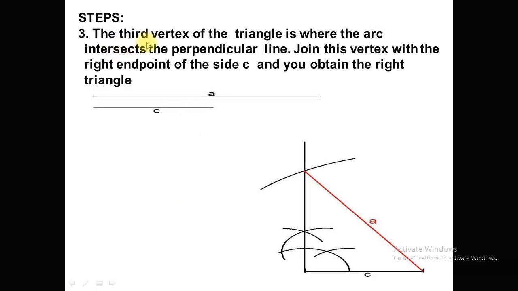Now the third vertex of the triangle is where the arc intersects the perpendicular bisector. Join this vertex with the right end point of side C, as you see over here, and you obtain the right angle triangle.